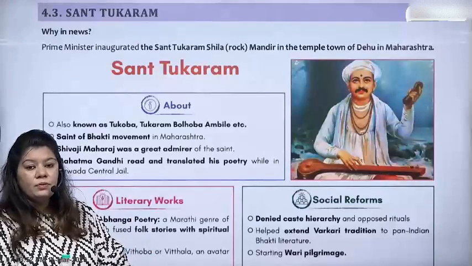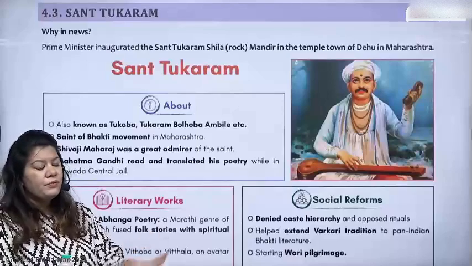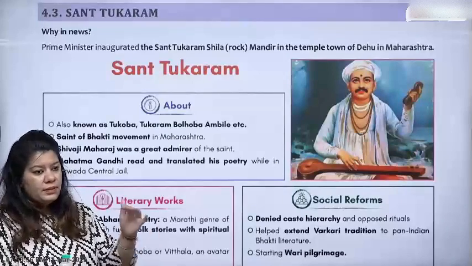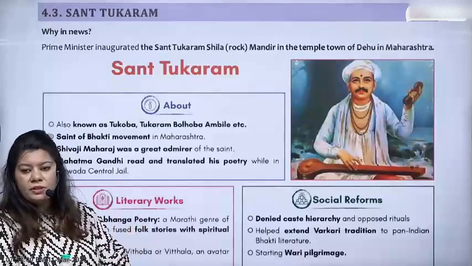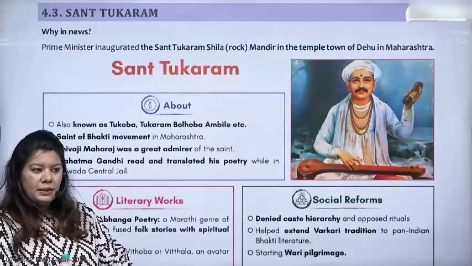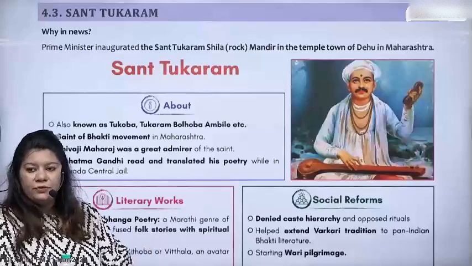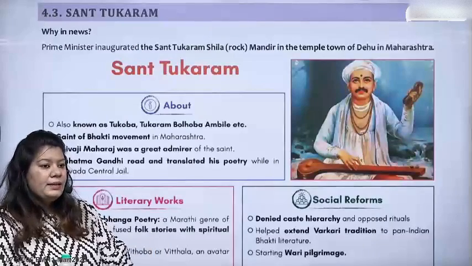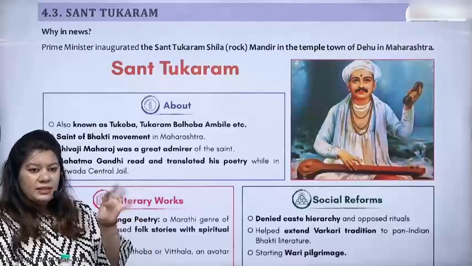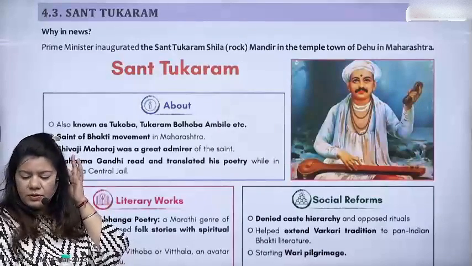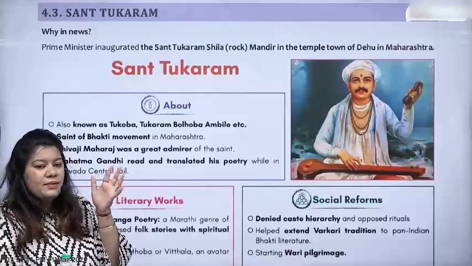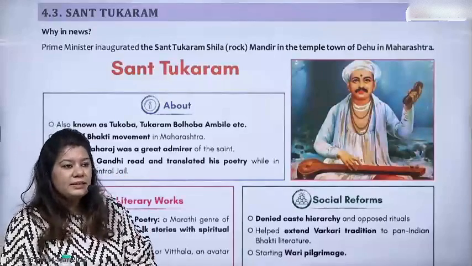We have Tulsidas, right? So we have different people settling in different regions after they got teachings from Bhakti saints originating from Tamil Nadu. This is the time period of the 7th to 9th century precisely, where the Bhakti movement started in Tamil Nadu.